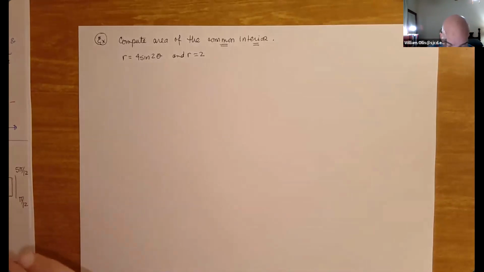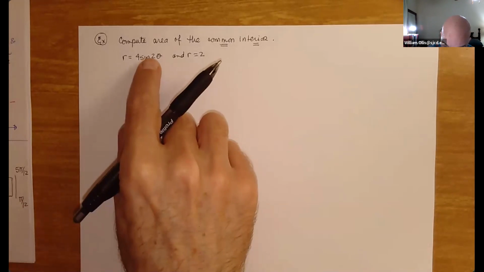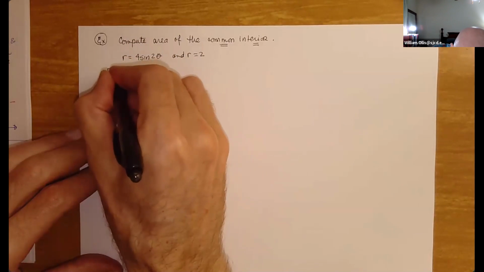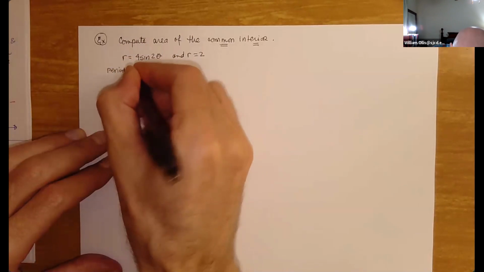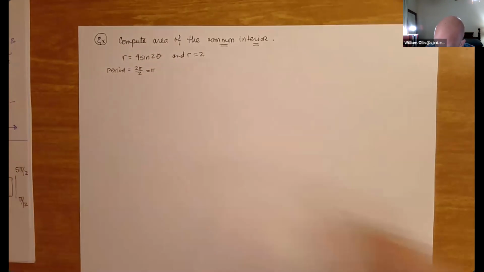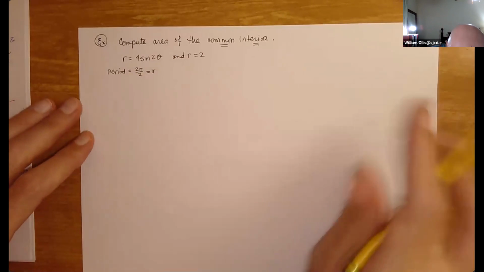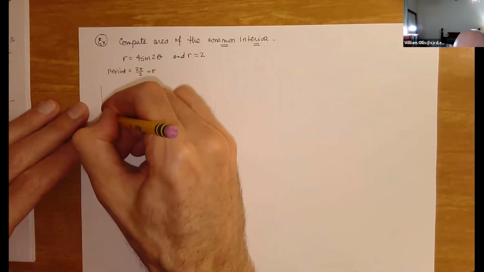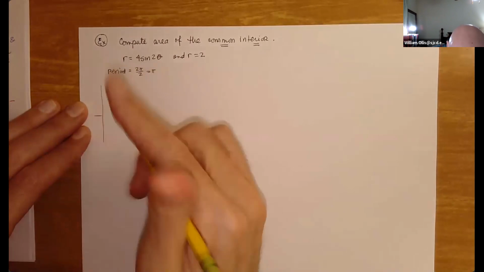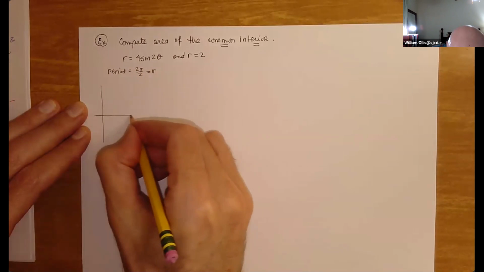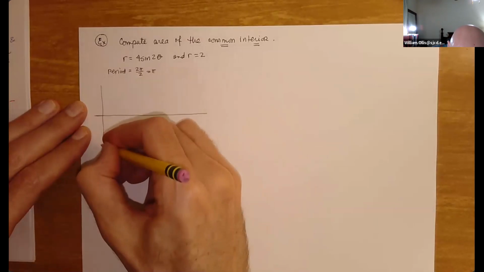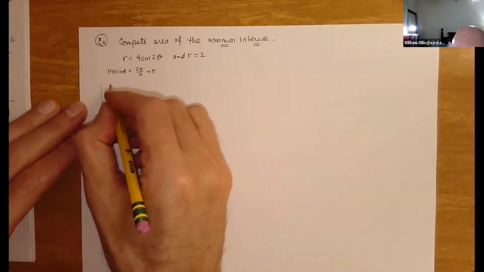So first, let's go ahead and get a picture of the rose curve. Notice again, the period is going to be pi, just like we had before, 2 pi over 2, which is pi. And so let's get a nice picture of this. When you do these problems, is it important to get a fairly good sketch? I will say yes, because the Cartesian graph sets you up for that. Of course, you can shortchange this and say, we did this in lecture, I don't have to work back through this.